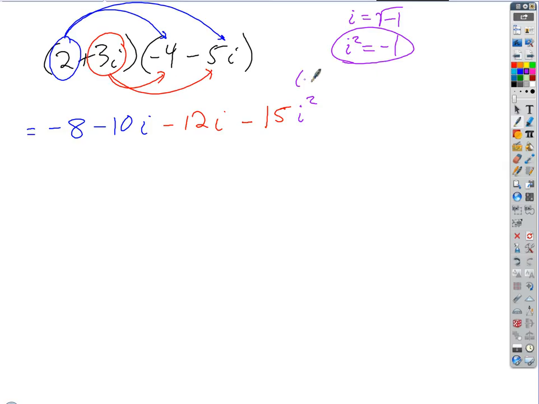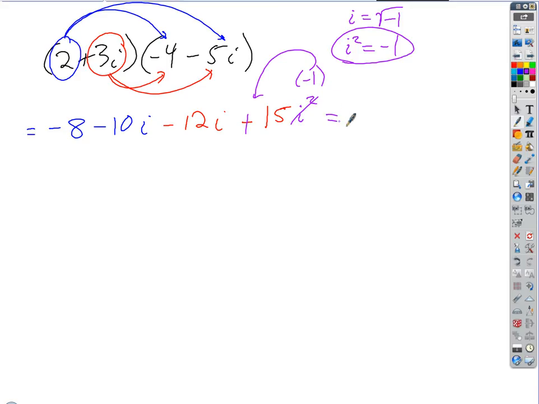Really, all it does is change the sign of that term. So it's going to make that a plus 15. We can get rid of the i squared, replace it with the negative, which just changes the sign.